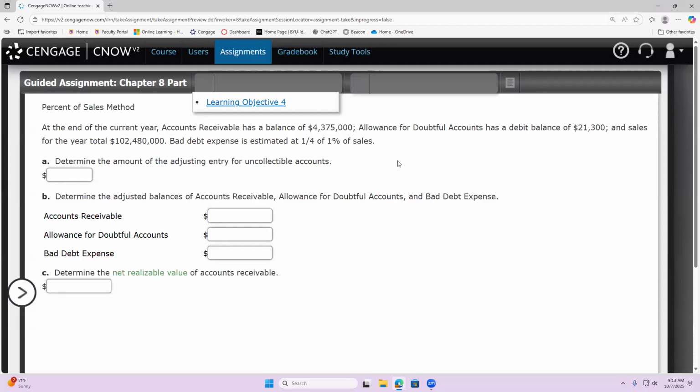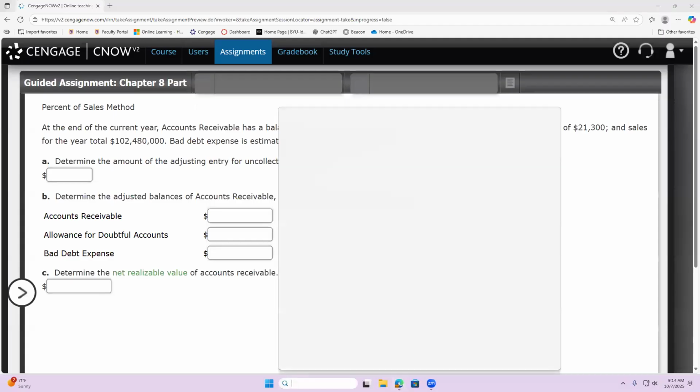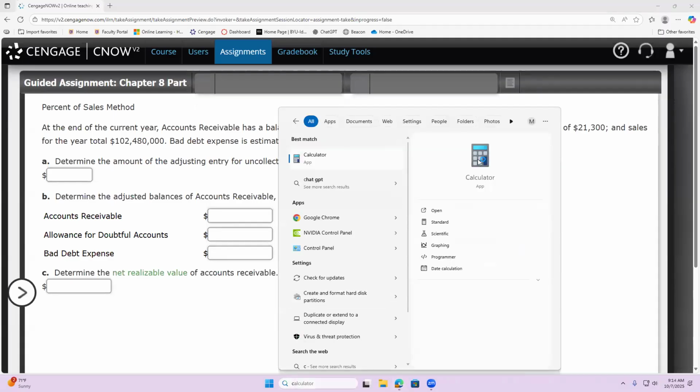So to figure out how much of an adjusting entry we're going to do, it gives you a ton of information, but the only information that really applies here is the sales.